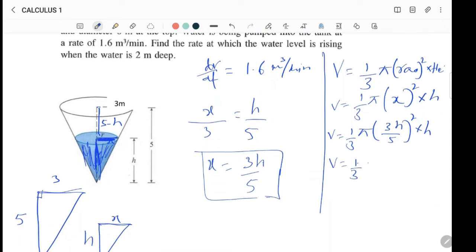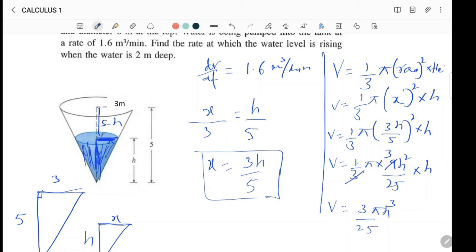1 over 3 pi, 9h square over 25 times h. Cancel. 9 over 3 is 3. Volume is 3 pi h cube over 25.